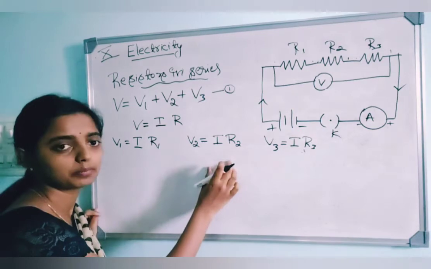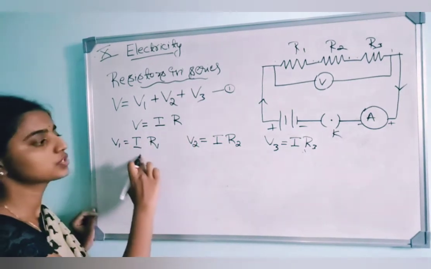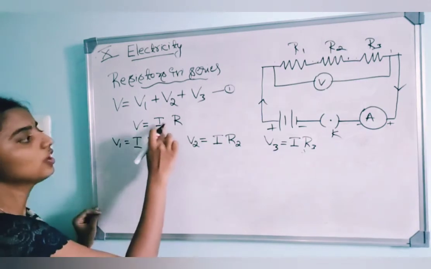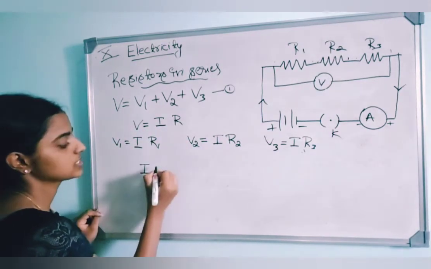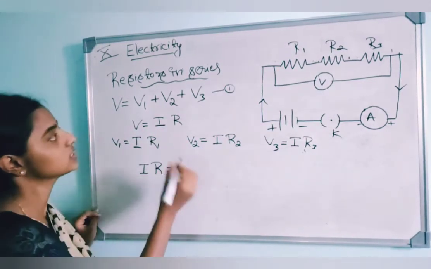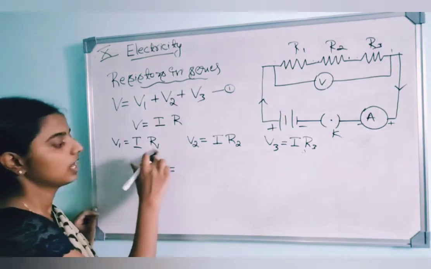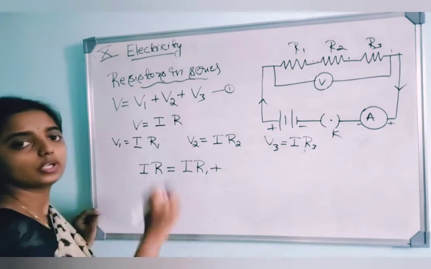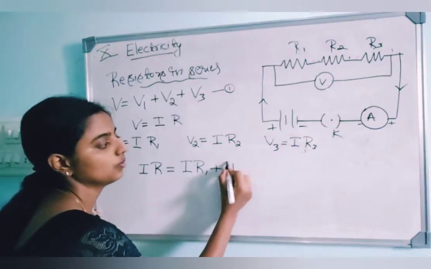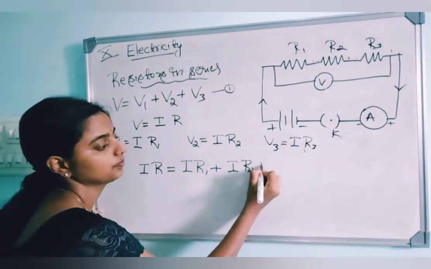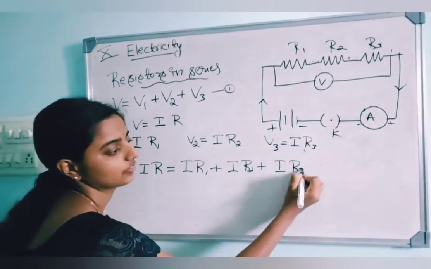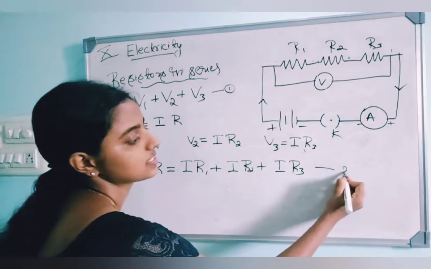I am not writing a statement that you need to write, okay? Substituting all the values of V in equation 1, what we get? V is equal to IR equals V1 equals I into R1 plus V2 equals I into R2 plus V3 equals I into R3. So now this is our second equation.